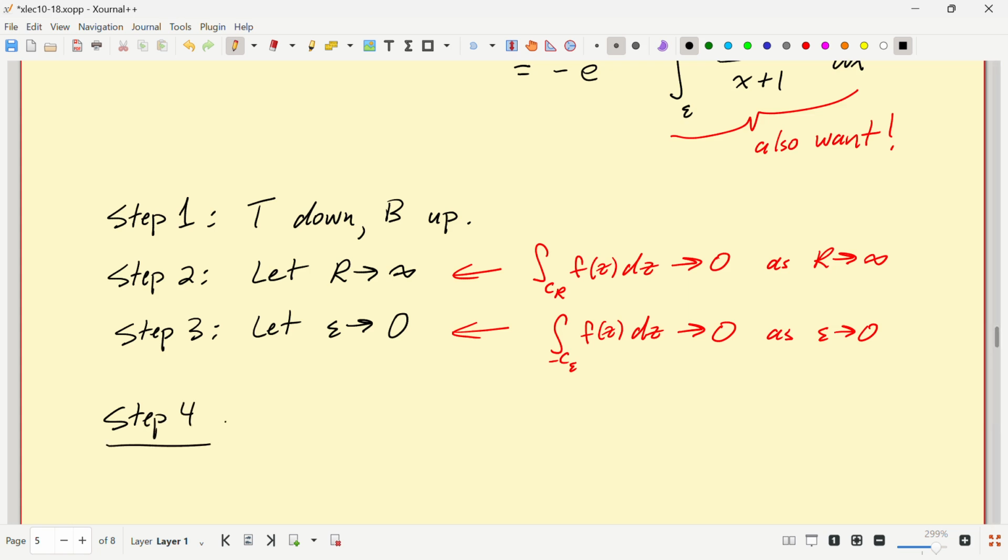What do we get? We get that the integral along the top part would be the integral we want, x to the alpha over x plus 1 dx. And then we get minus e to the i 2 pi alpha times the integral we want.